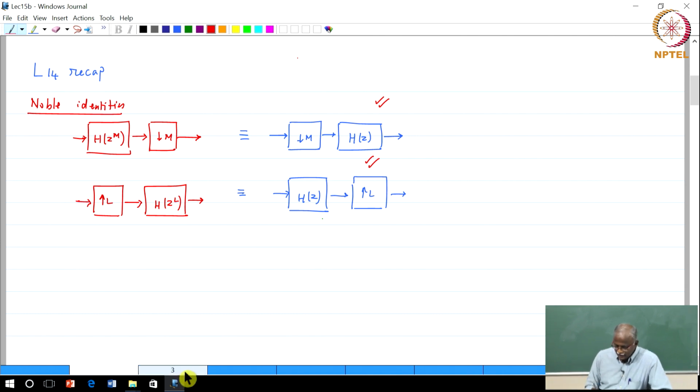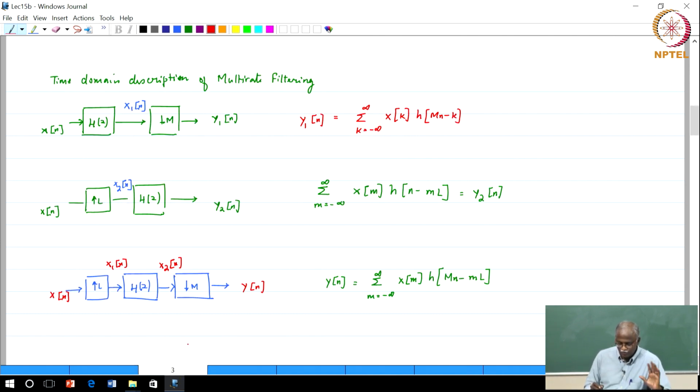Now, a second result, which is more for our familiarity and insight, we said that we could write down the time domain description of multi-rate filters. When we did a downsampling, it looked like a convolution, except that the filtering term was not h(n-k), but h(Mn-k), where M is the downsampling factor.